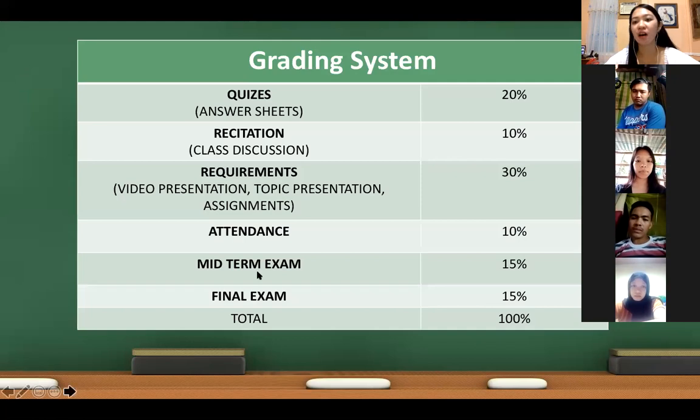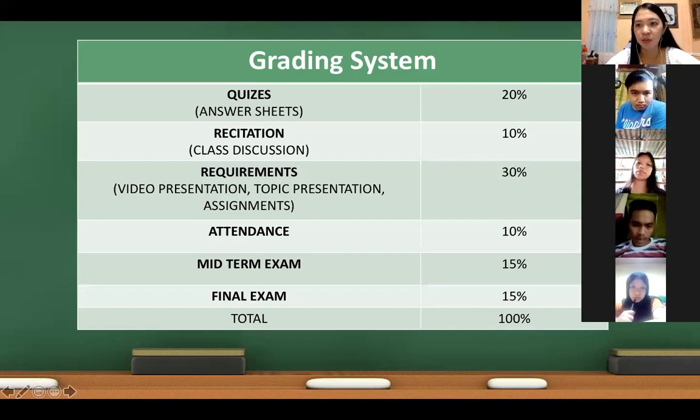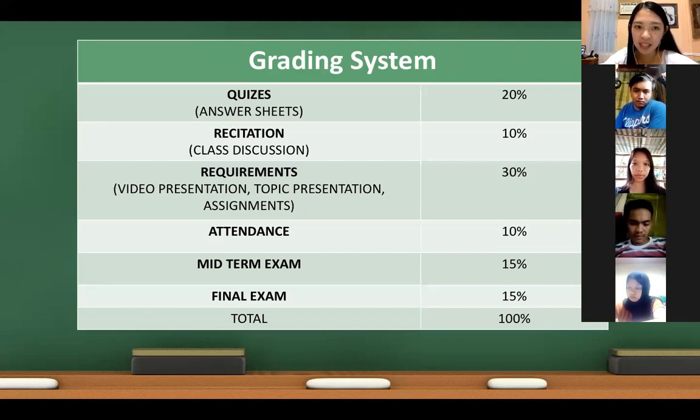So here is our grading system. You will be graded accordingly based on your quizzes. So under quizzes, you'll be having your worksheets or answer sheets that is equivalent to 20%. And then recitation natin during the class discussion, if you always share your insights, if may mga questions kayo, raise, or kung may mga tanong kayo nakakasagot, you'll be having a 10% of the recitation.